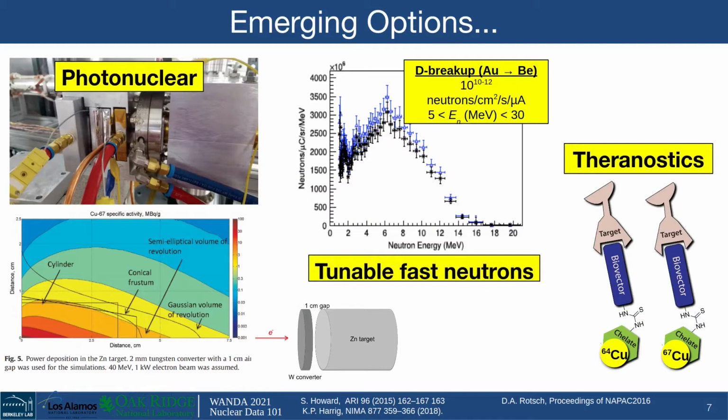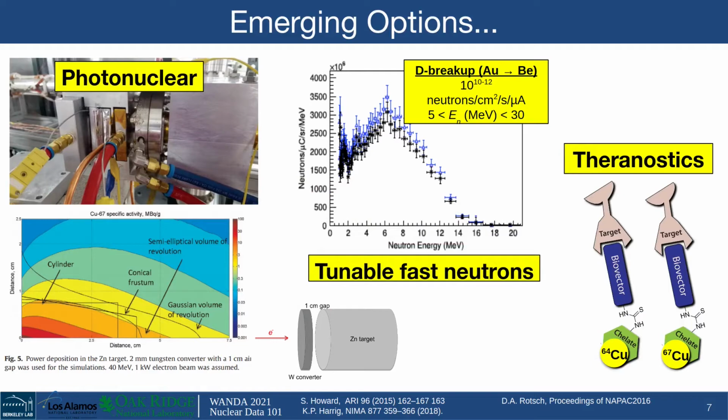With such an expansion, the isotope production community has started to reevaluate existing production pathways and existing targetry to start producing a wide variety of new emerging radionuclides for ongoing R&D demand.